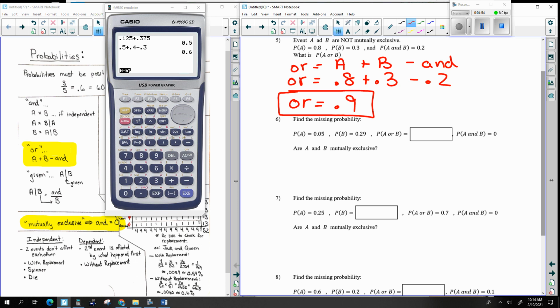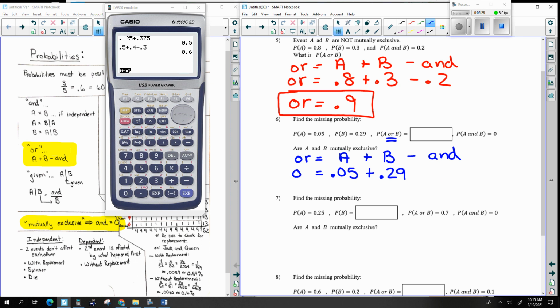All right, two questions here. Find the missing probability, and the second question is: are A and B mutually exclusive? This is ultimately an or question. So or is A plus B minus and. Let's see what we have and what we don't have. We're given an A, which is 0.05, and a B, which is 0.29.